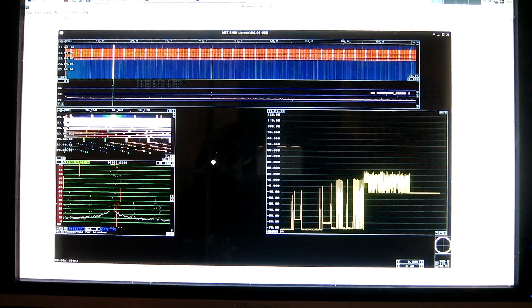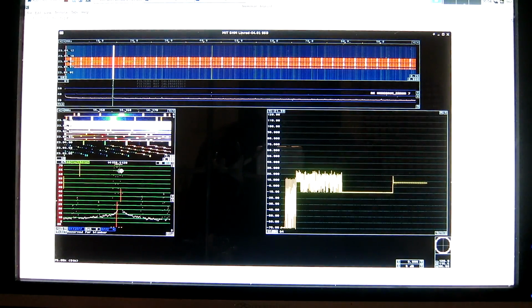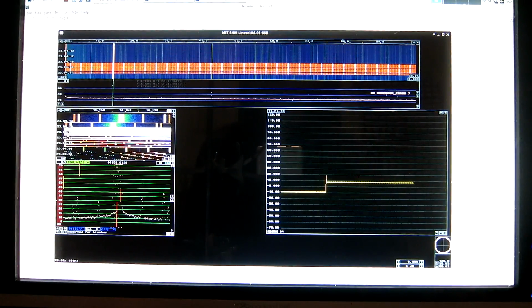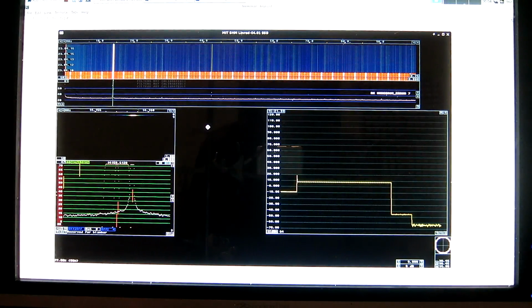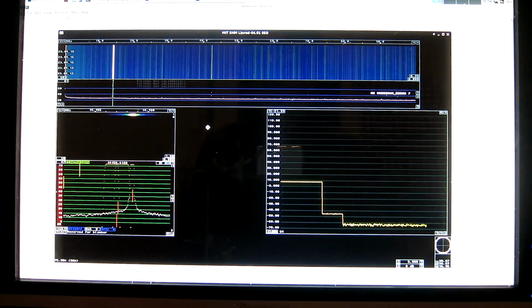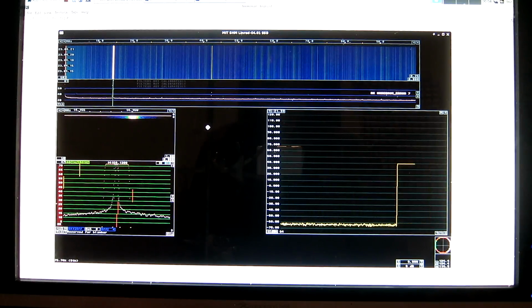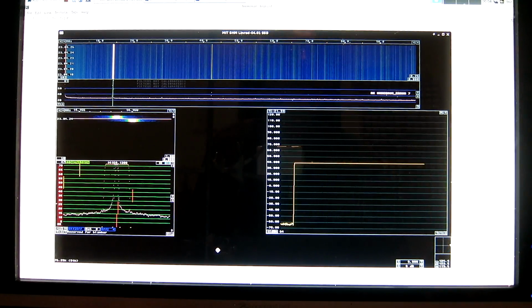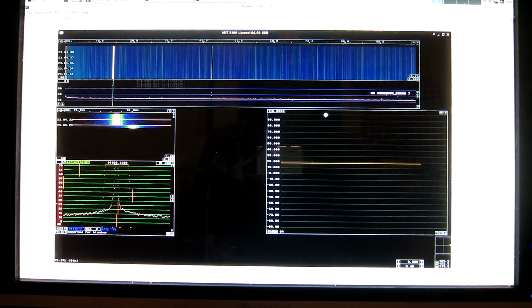Now the calibration has changed. We have something completely different. I put 0 here to read now what we have.